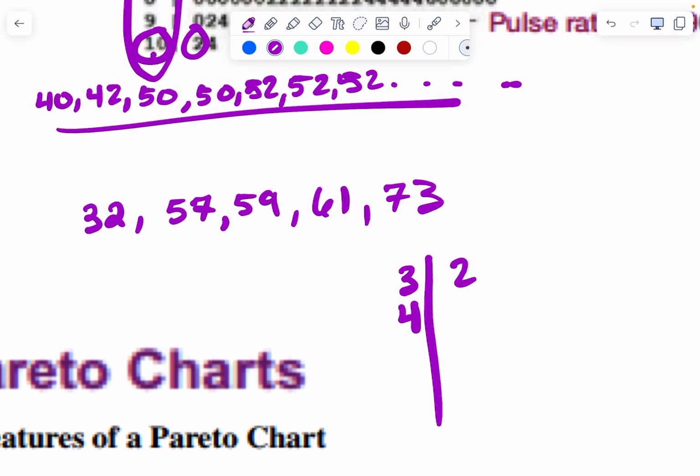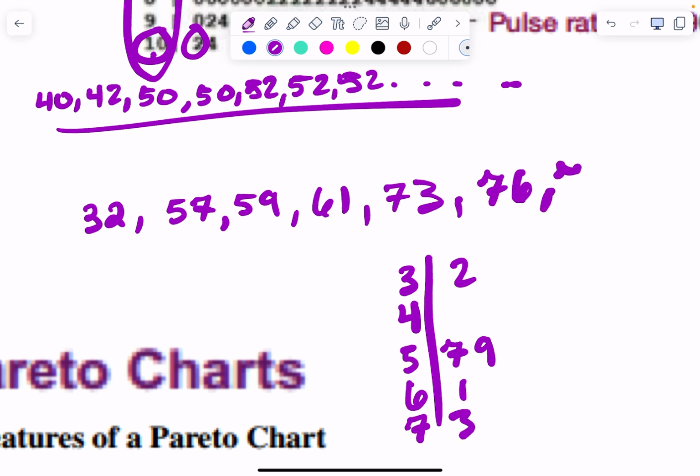So I will still put a 4, but I will not put anything after it over here. Does that make sense? This would be a 5, and then I would have a 7 and a 9, no commas in between, right? Then I would have a 6 and a 1 and a 7 and a 3, right? If this was 76, 76, 79, I would have a 6 and a 6 and a 9, right? After them. That's how my stem and leaf plot works.